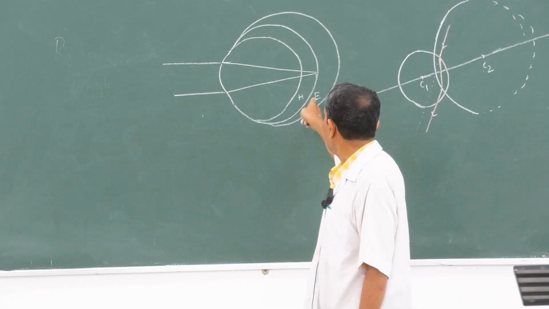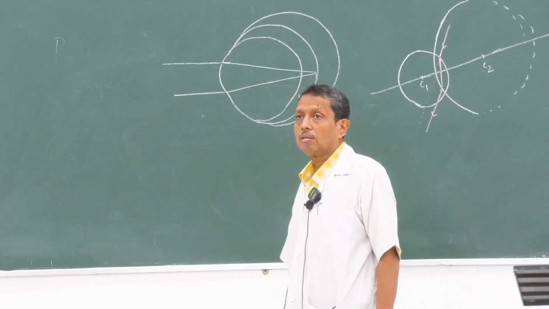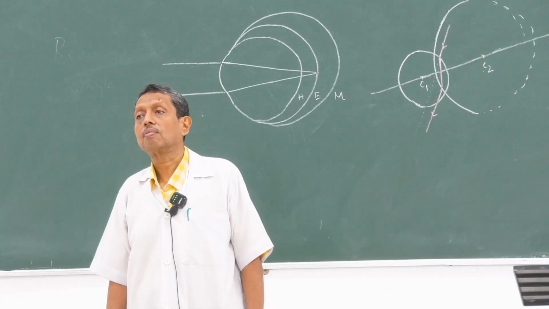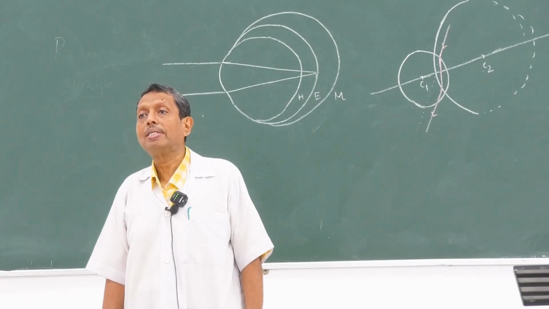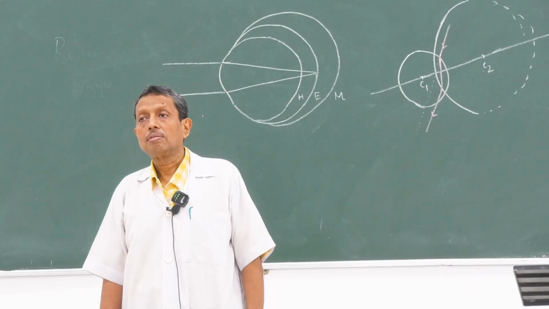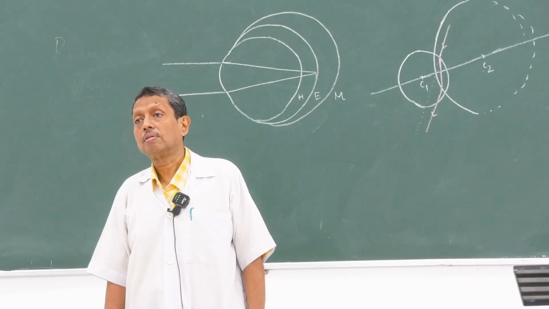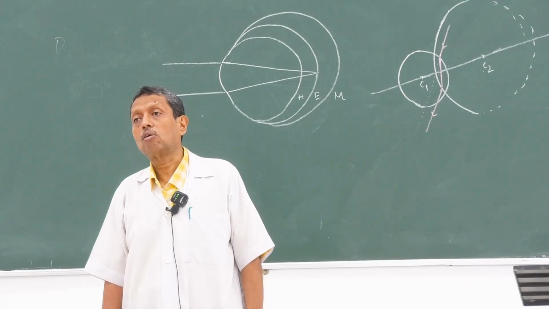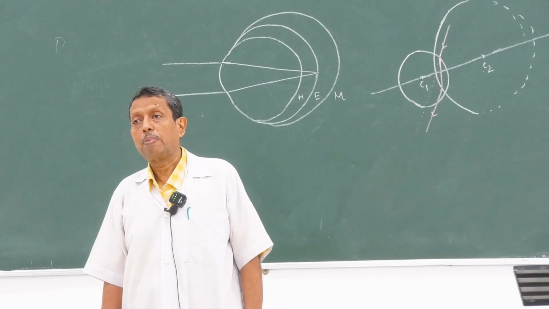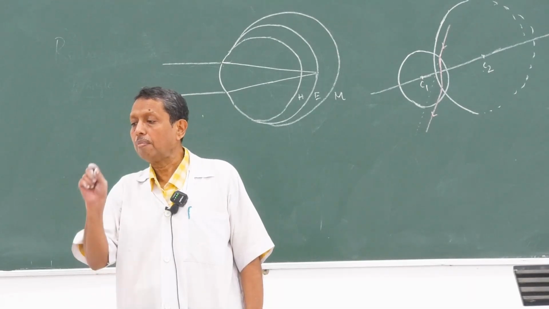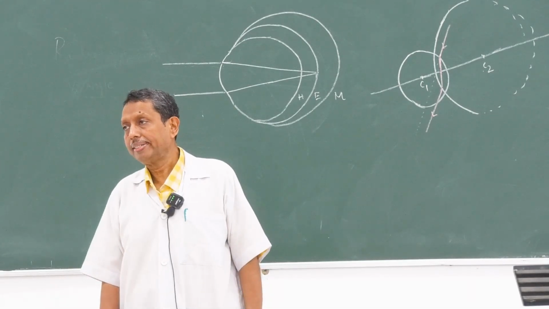Normal emmetropic eye, without accommodation. Light coming from a distance more than 6 meters is considered parallel, and it can be focused in the emmetropic eye.